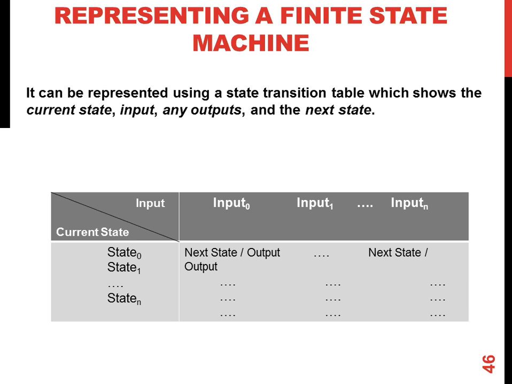A finite state machine is normally represented by a state transition table, or a state transition diagram. One that you see here is a state transition table. So there is something called a current state, there is something called a next state, there are some inputs, there are some outputs. Depending on the inputs and the current state, there is a reset state. So the current state can be the reset state.